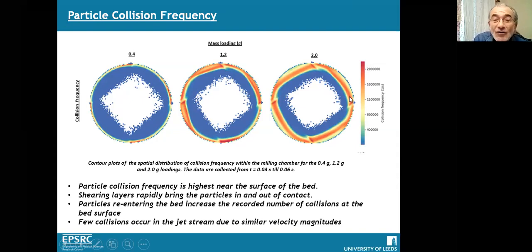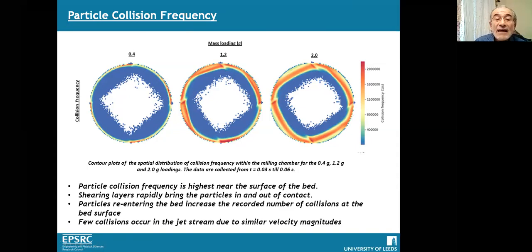But in here, you have an enormous number of collisions. You see later on that the velocity is small, so you have large collisions, small velocity. Here, you have a very small number of collisions, but very high velocity. So particle collision frequency is highest on the bed surface. Around here, as you see, this is the bed surface, and that's where you have the highest collision frequency.